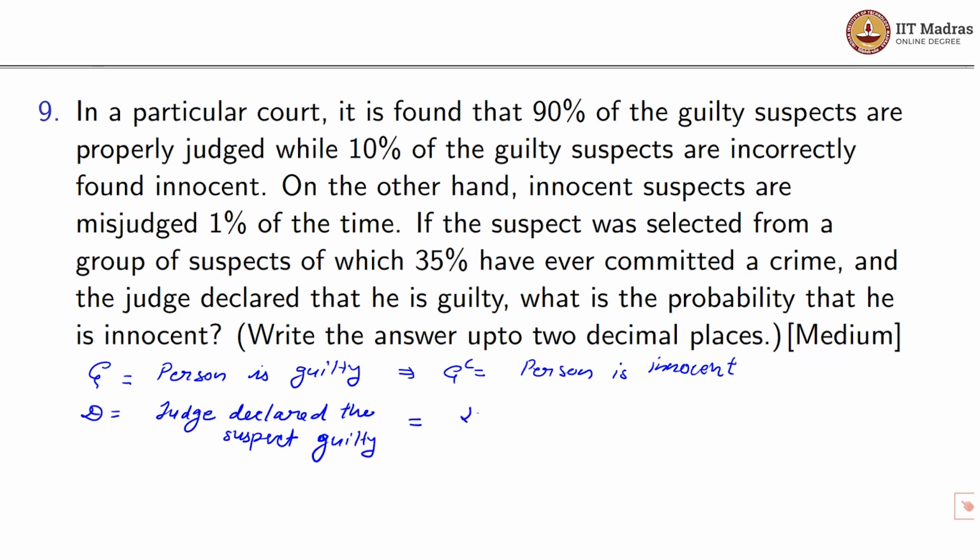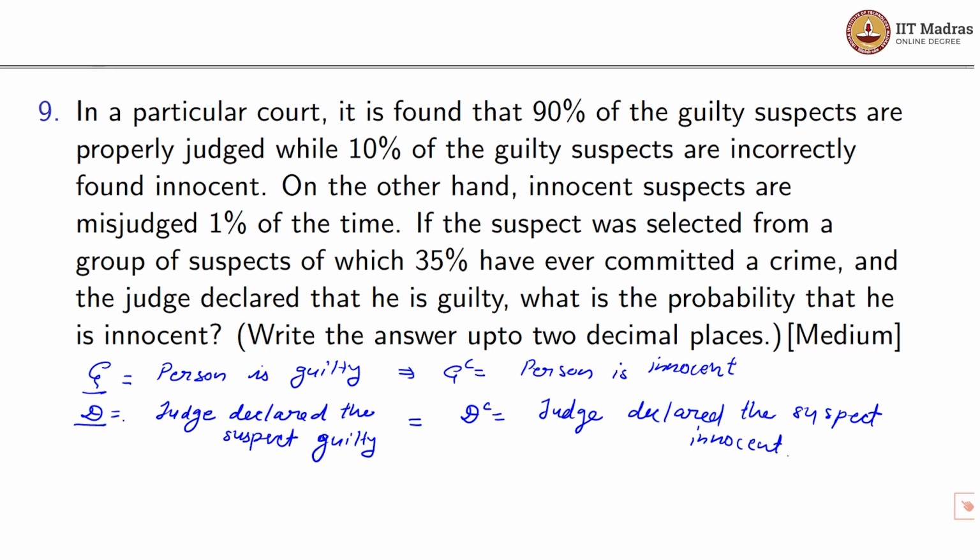Then my event D complement will be judge declared the suspect innocent. So these are my two events G and D.